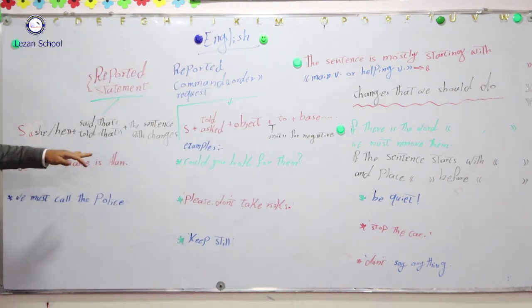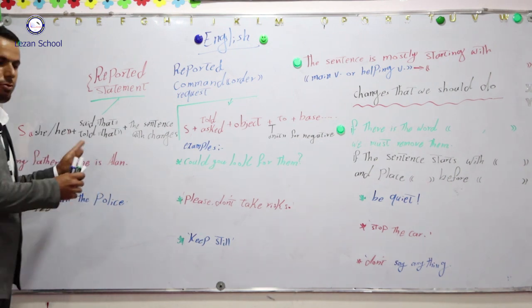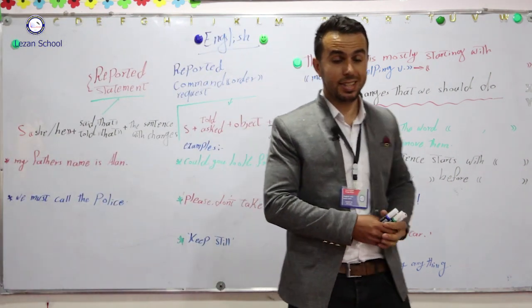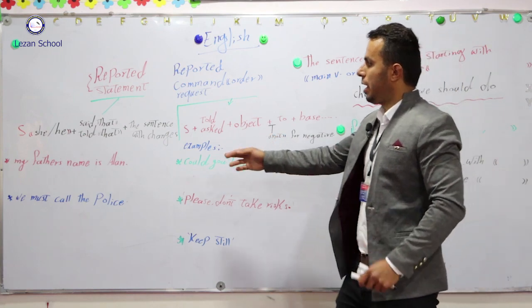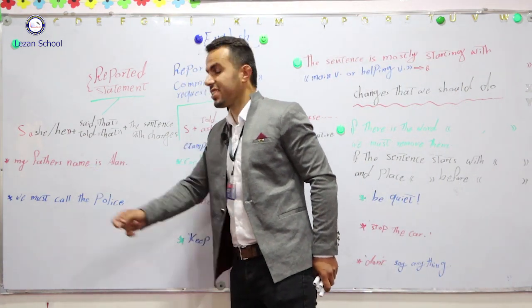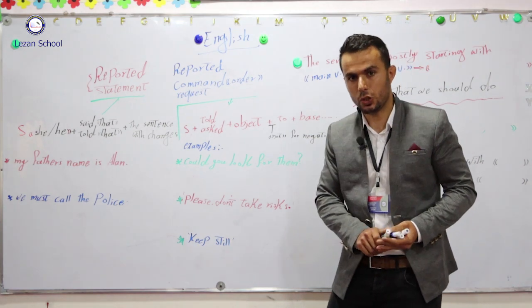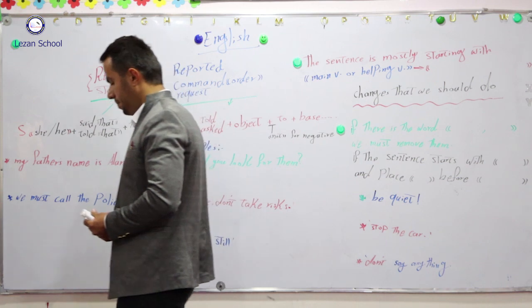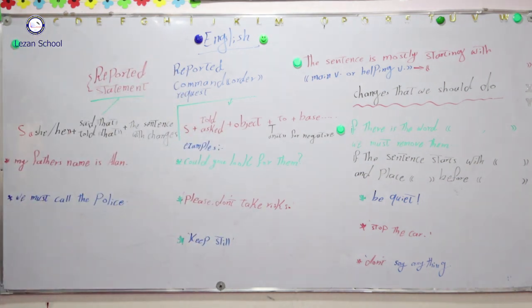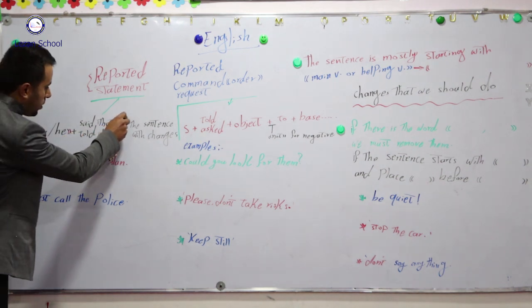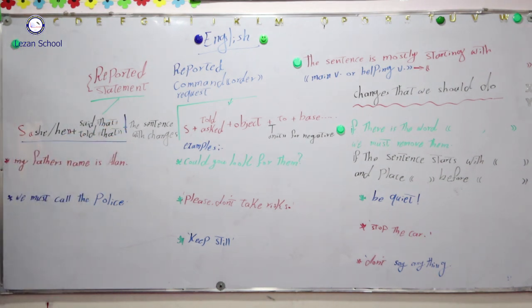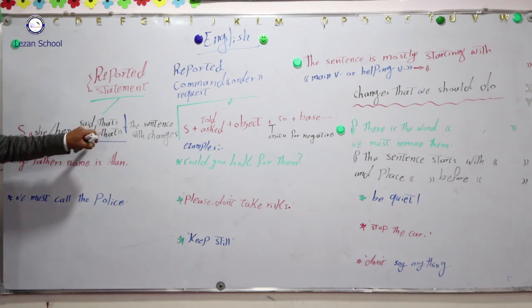For example, let us do these two sentences. I told you, my father's name is Alan. It's, for example, not true, but this is just for example. If I ask you to change this sentence into a reported statement, what shall you do? Be careful. According to the sentence, we have to write down this part of the rule with or without that.